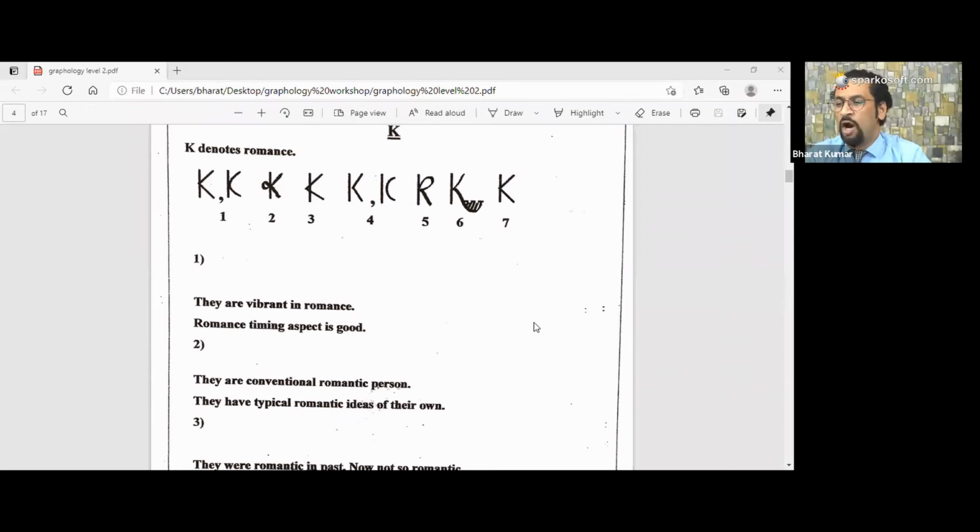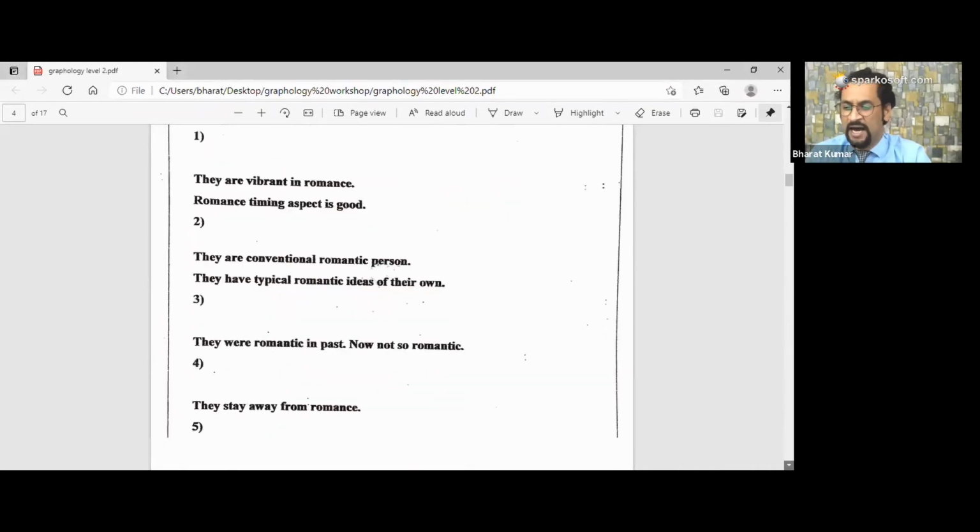The person will get involved with the nature. They are more towards something else. They will look for nature or some other thing. Meaning they just need a partner, but they don't want to get more involved in romance. They will look forward to nature. Now, I think the K is very clear.